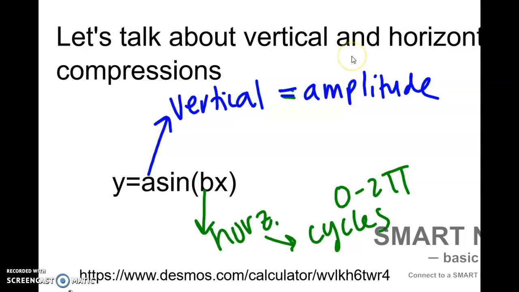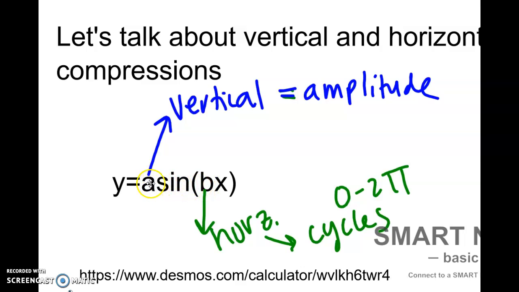Let's talk about vertical and horizontal compression. As you look at the equation of a trig function, you'll notice there are two places where you could have a coefficient. You could have a coefficient in front of the trig function, and we call that coefficient A, so we can keep them separate. Or we could have a coefficient in front of x, and we call that coefficient B. If you noticed on those GeoGebra activities, it talked about A and B, and showed vertical or horizontal differences.